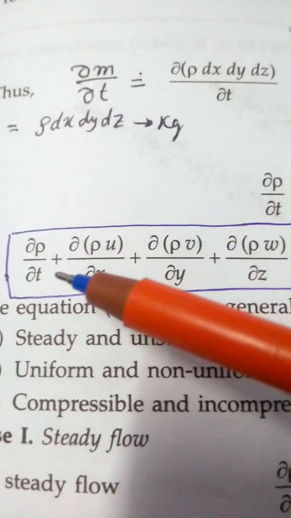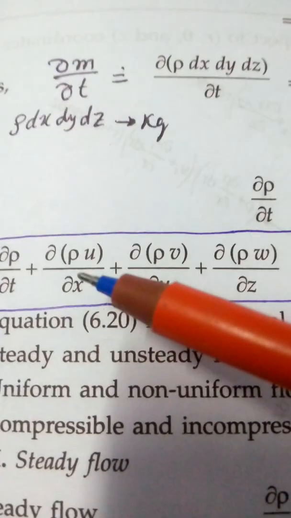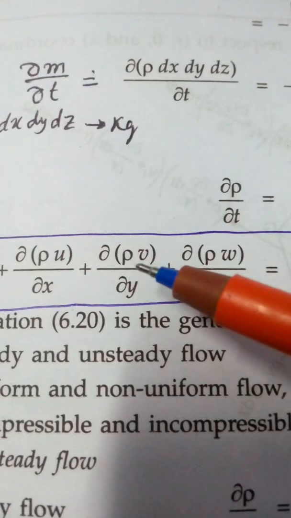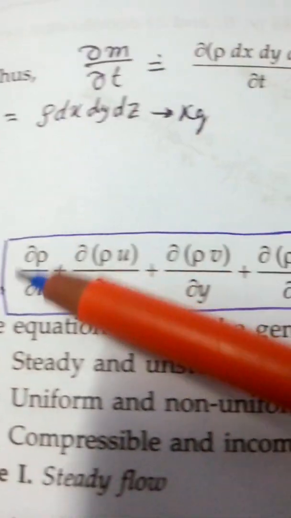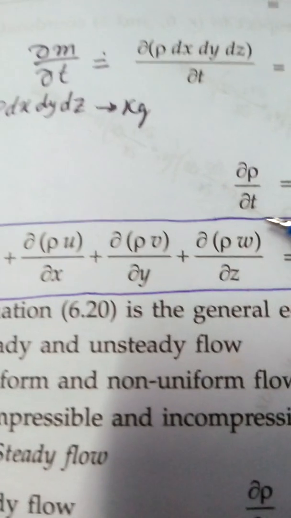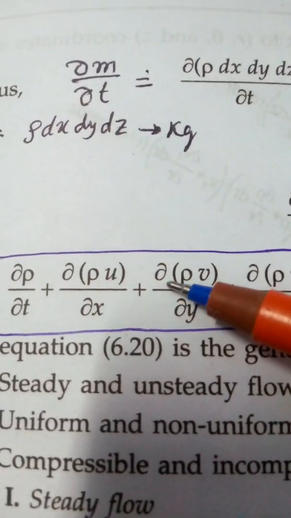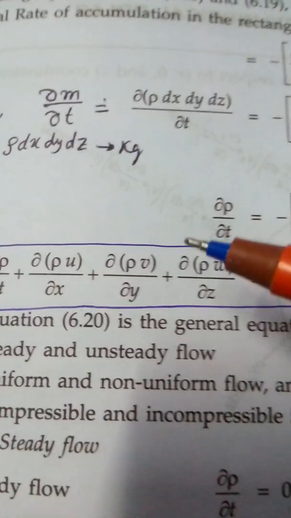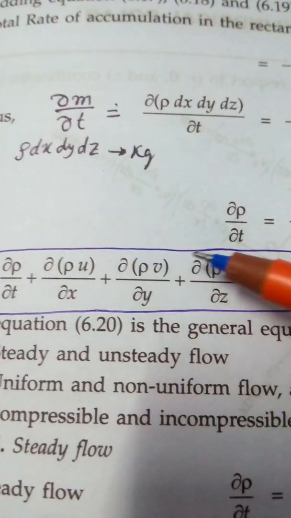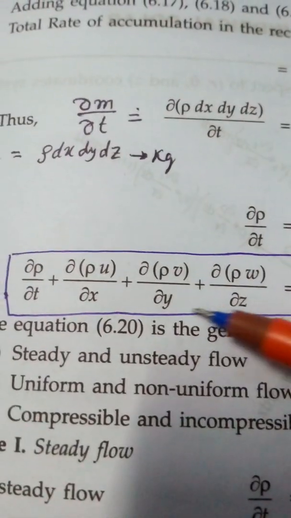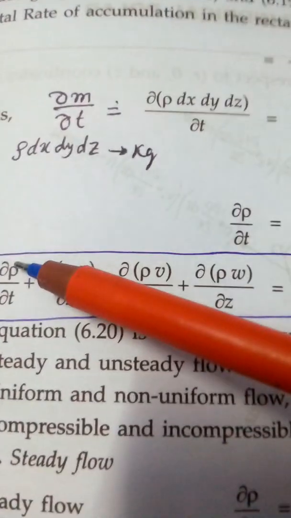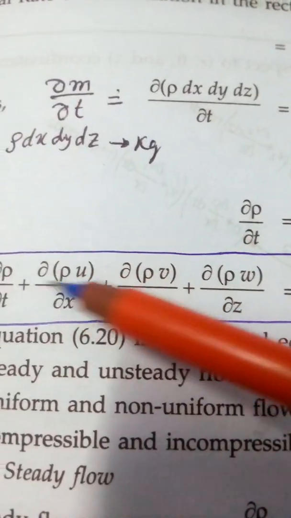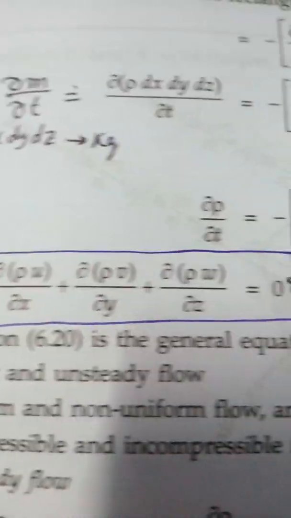So the equation is del rho by del t plus del rho u by del x plus del rho v by del y plus del rho w by del z is equal to 0. This is the general continuity equation, and if the fluid flow is incompressible or steady, the del rho by del t term will be 0. You can take out the rho, and it will be equal to 0.